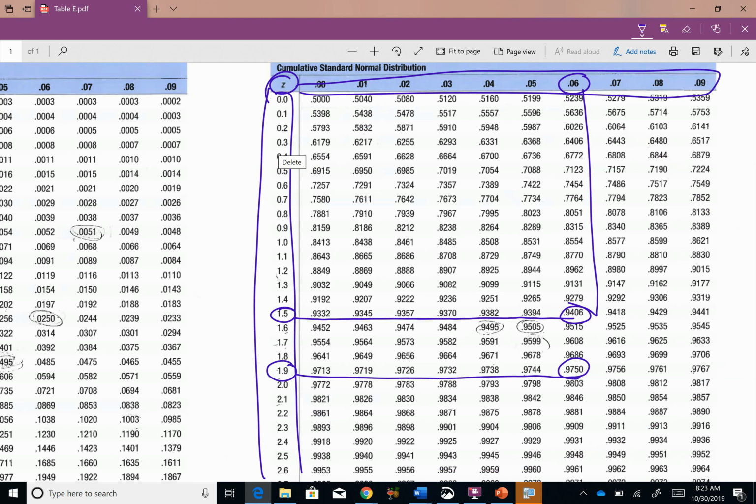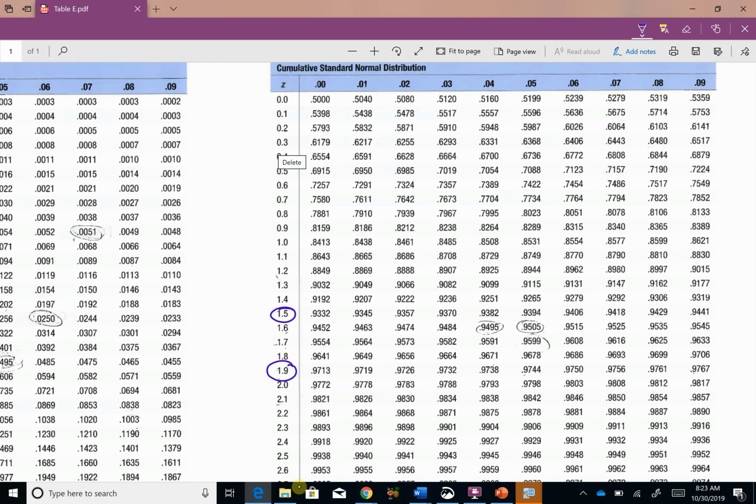So I need to scan through this table and I need to find an area as close as I can to 0.9066. I know I want to be on the right side of the table because my z value is on the right side of the mean. So if we look in the table, we want to try to find as close to 0.9066 as we can.